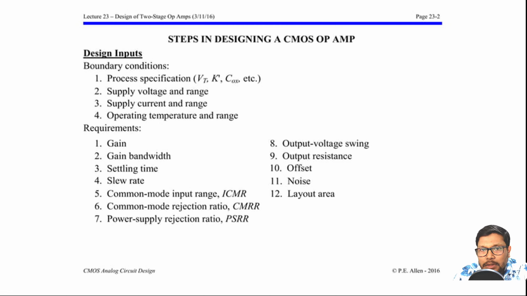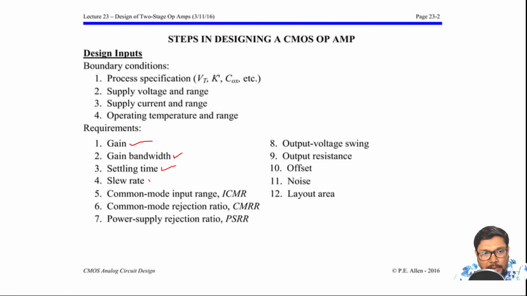From this you can see that our requirement is gain, and this gain will mostly depend upon the channel length, and the gain bandwidth will depend upon the width. Settling time depends upon the tau, that is RC.